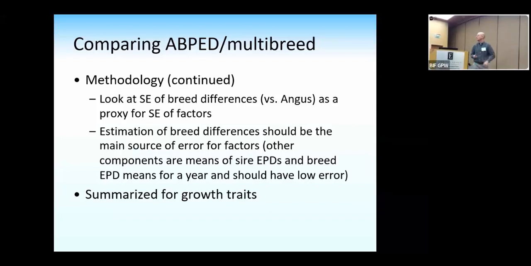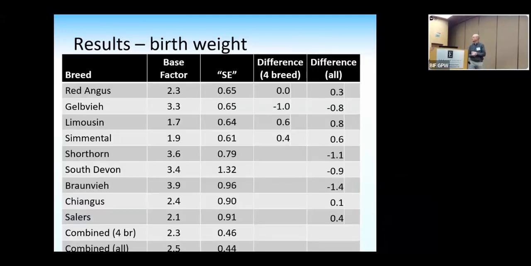So that's what I reported for this, and I summarized that for growth traits right now. So this is what I had so far on that. This is from a couple cycles ago, but it's still, I would say, pretty current for the most part. I did the same thing. So these are the base factors of those breeds. If they're fit as individual breeds, this is the adjustment factor for that year that I calculated, right? This is the adjustment factor for combining into a super breed of the 4 breeds or all, right?